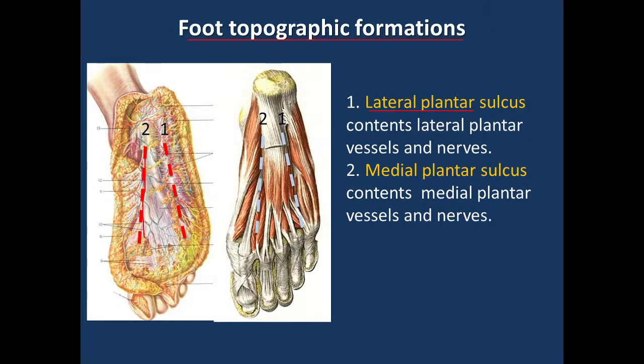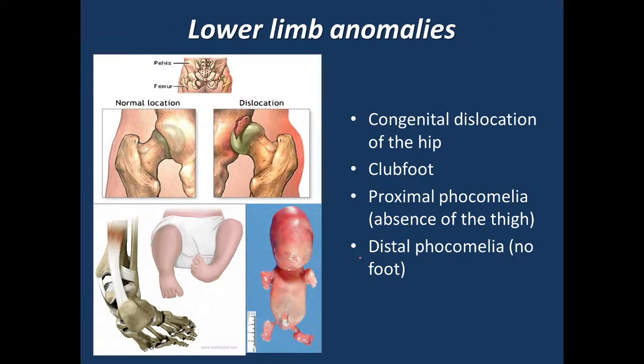Lateral plantar sulcus number one, it's here, and the medial plantar sulcus is located between three groups of foot muscles: between the medial and middle muscles is the medial plantar sulcus, and between the lateral group of muscles and the middle group we find the lateral plantar sulcus as well.